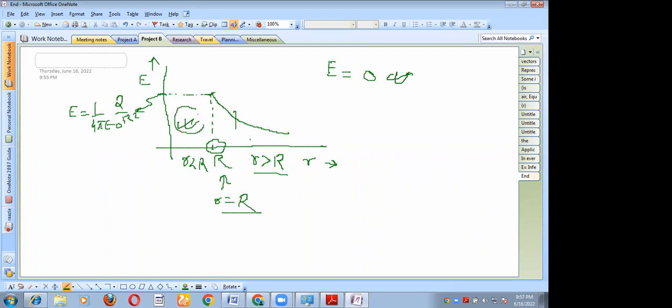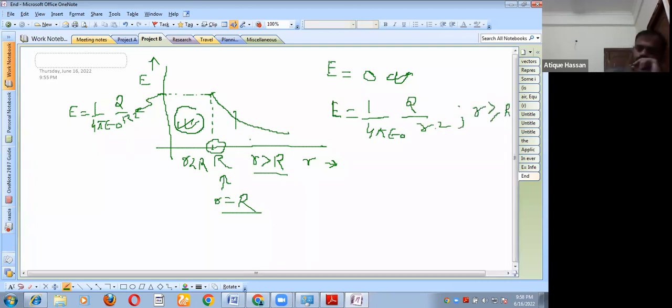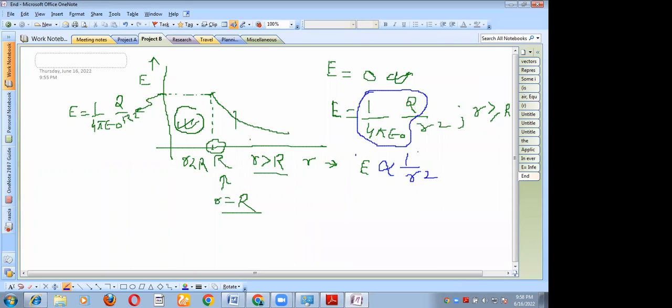For the outside region, we got E equal to 1 by 4 pi epsilon naught Q by R square. Here these terms are constant: 1 by 4 pi epsilon naught is constant, and the charge is given. So here you can say that E is proportional to 1 by R square.